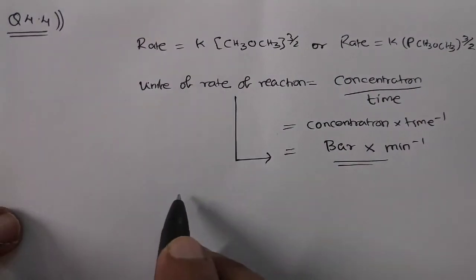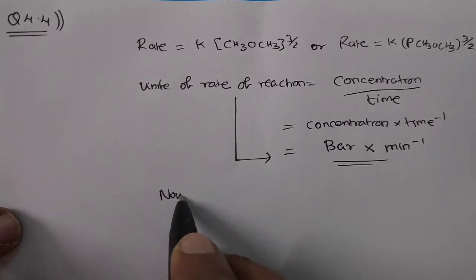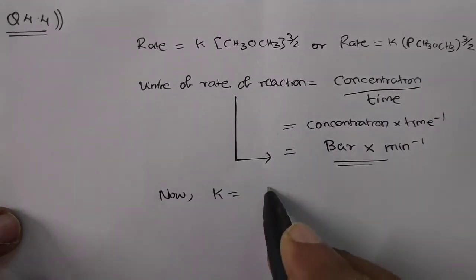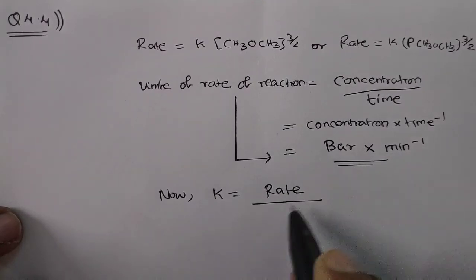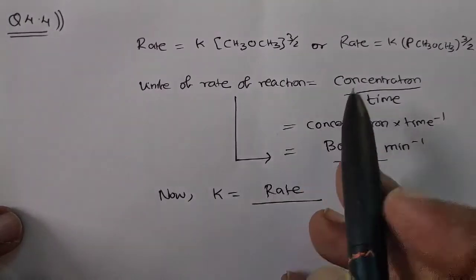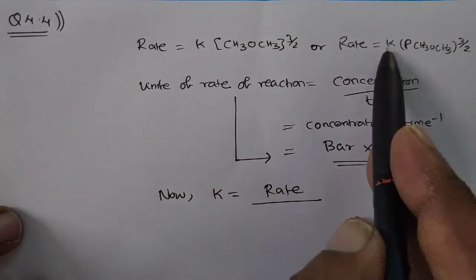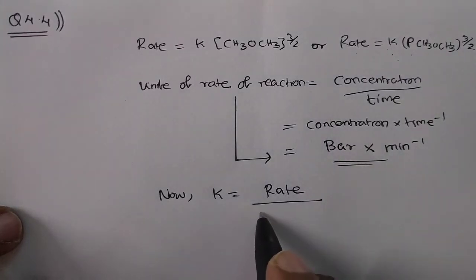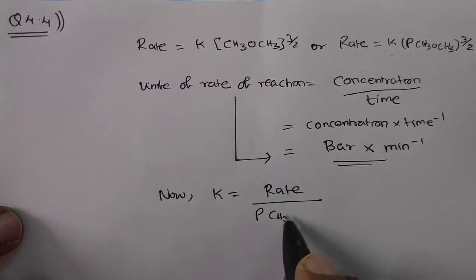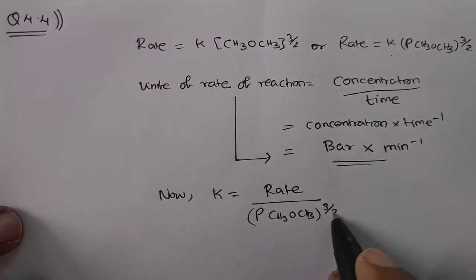Understood? Now the second part, the rate constant. We can write that K will be equal to the rate divided by the concentration term. Why? Because if you see here, this is the rate, so if I want to write K, this part will go in the denominator: the rate upon P of CH3OCH3, that is the partial pressure of dimethyl ether, raised to 3 by 2.